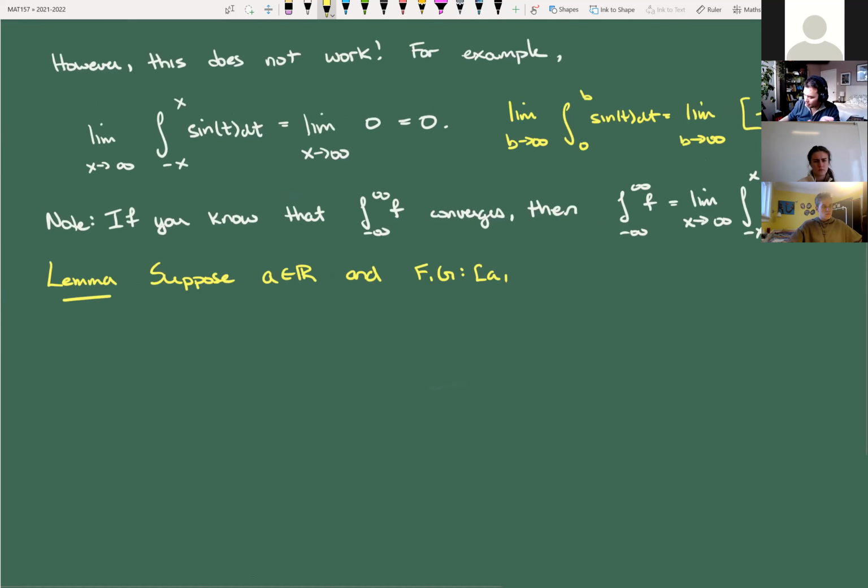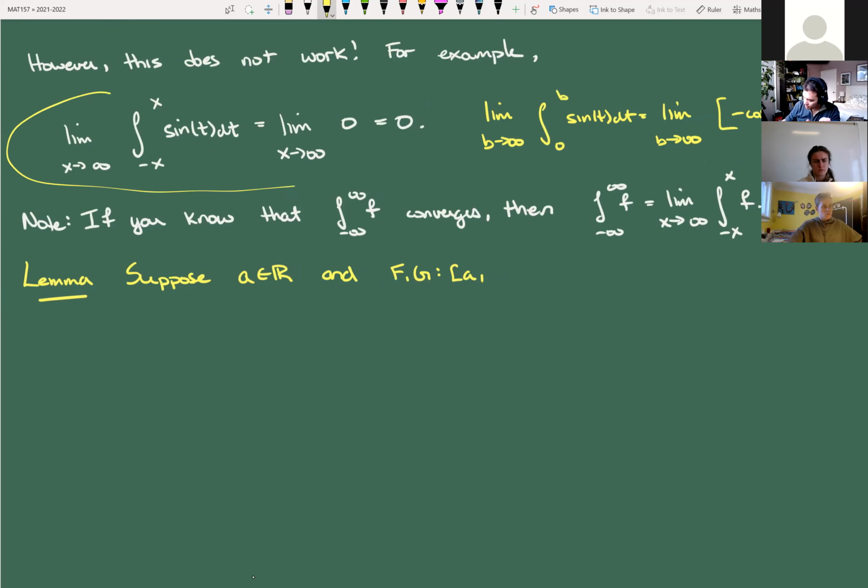Does that make sense? So even though this evaluation gave us a finite number, it lied to us because that improper integral does not actually exist, right? This diverges. And yet doing this two-sided thing gave us a finite number, right? So that's why we're saying we have to be careful with it.